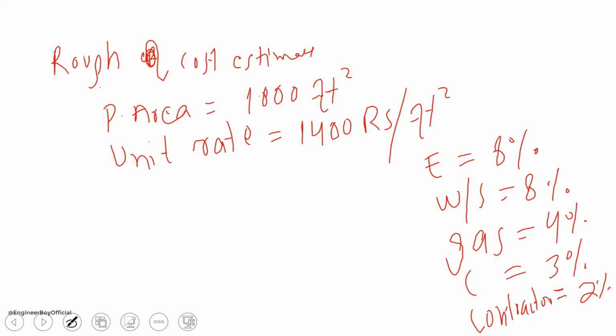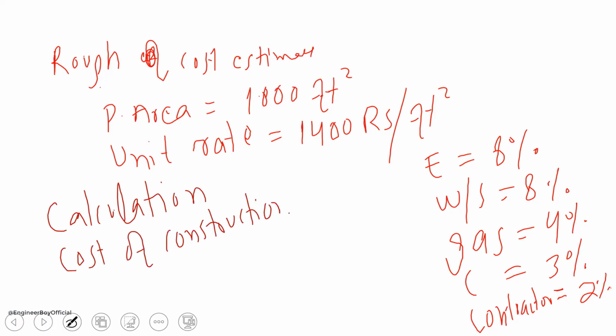It depends on the size of the project. So for the contractor, we have only 2%. Now how can we determine the rough cost estimate of the same building if this is the information? Let's move ahead to the solution, or the calculation. In the calculation, the first thing I'm going to calculate is the cost of construction.